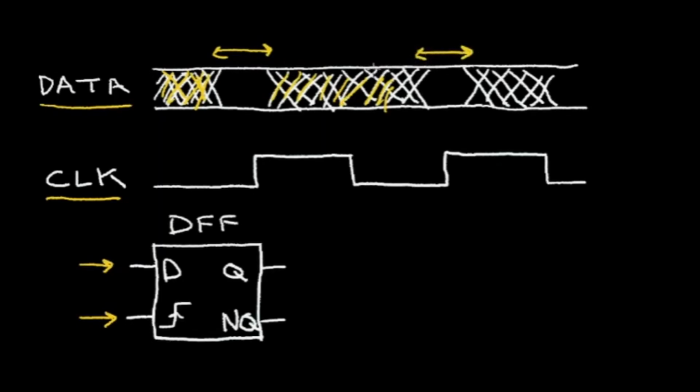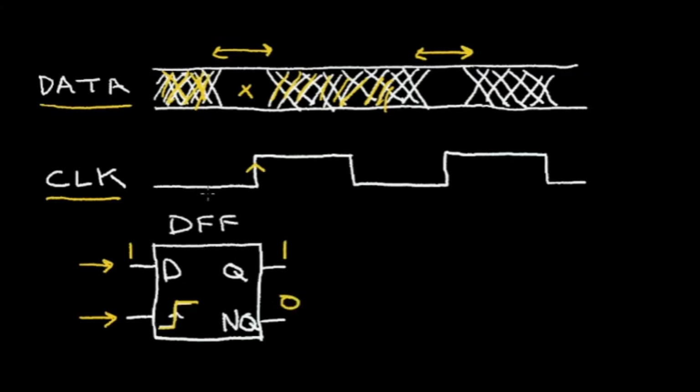And what I want to do with this D-Flip Flop is when the clock signal transitions from low to high, I want to grab this data and present the data at the Q output and the NQ output. Now, for example, if the data input is a 1, when the clock signal transitions high, this 1 will be transferred to the output Q, and the not Q will be the opposite signal. It will be a 0.